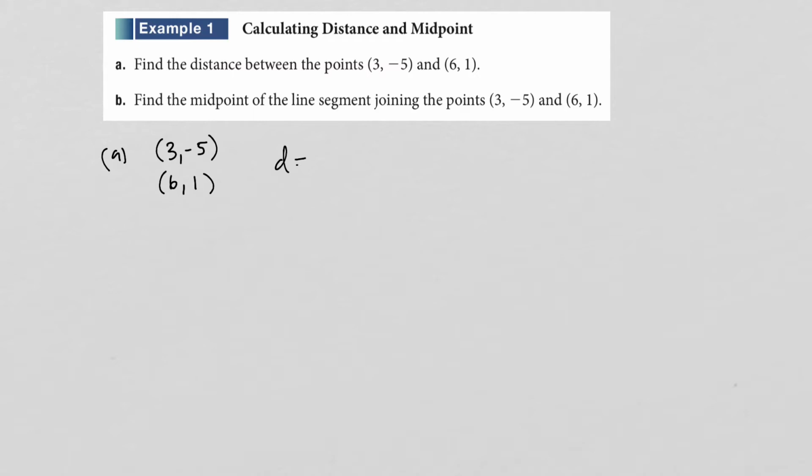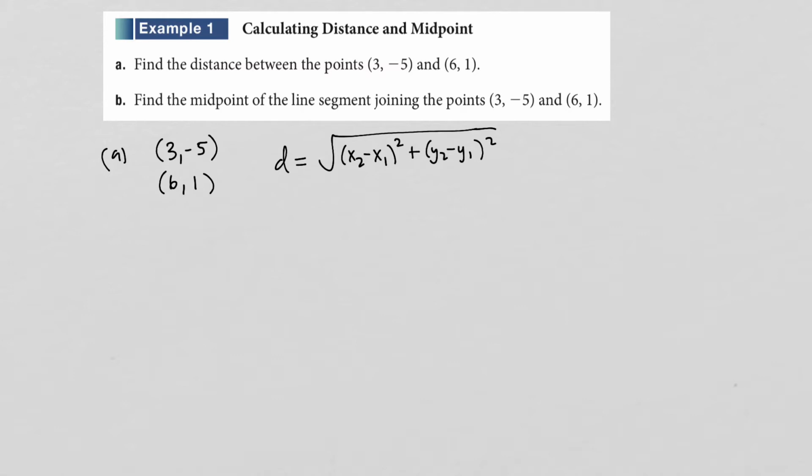We know our distance formula is the square root of (x2 minus x1) squared plus (y2 minus y1) squared. So x2 minus x1 means that we are subtracting the x values, and y2 minus y1 means that we're subtracting the y values, and we're doing those in the same order.